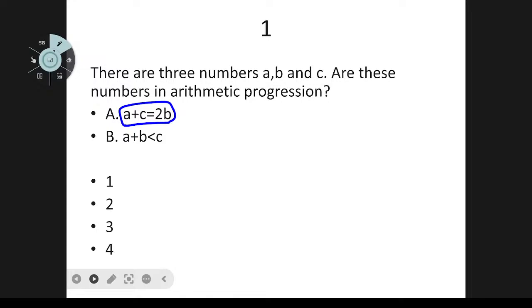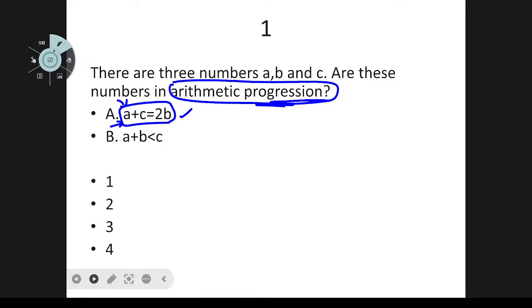In this one, there are so many things you need to understand in data sufficiency. You should only take the values of A, B, and C which satisfy this condition. Remember, checking whether it is in arithmetic progression is to get the answer, but the values you are considering of A, B, and C should satisfy this condition.